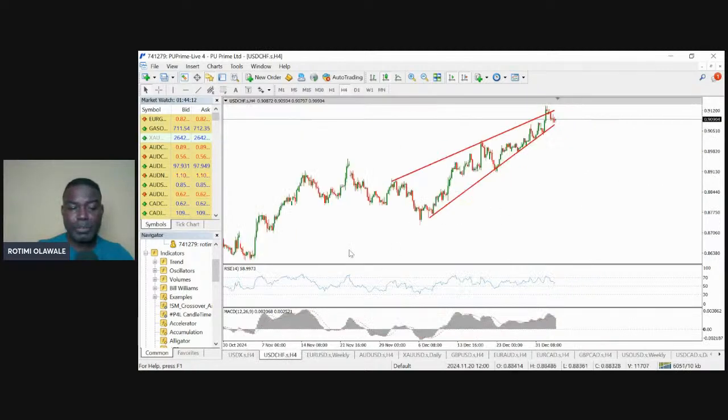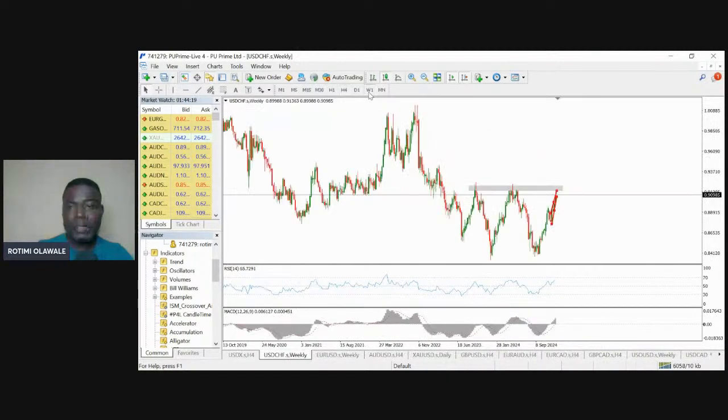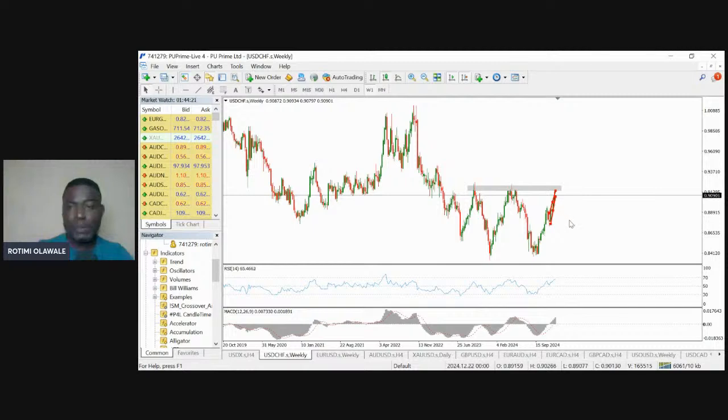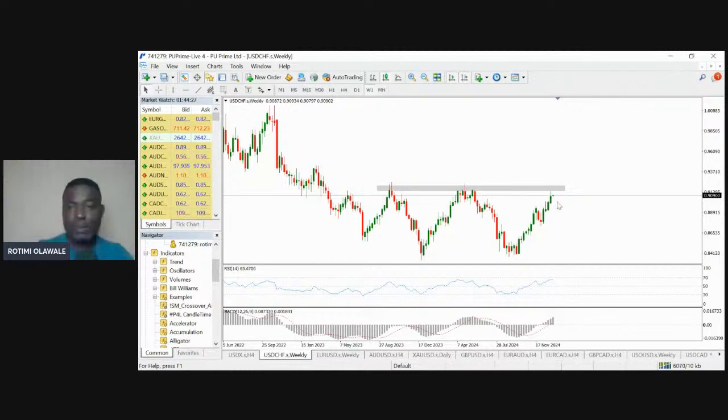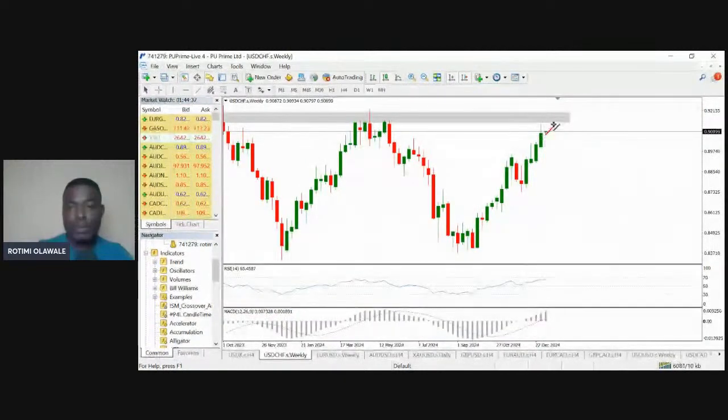With that information, we can go over to the USDCHF. I think I should start again from the weekly time frame. From the weekly time frame, we can see that price hit a resistance zone recently, and currently, the last week candle, though it's not touching that resistance zone, I believe in the course of this week we might have price first go up to hit that resistance, then possibly we see a decline.